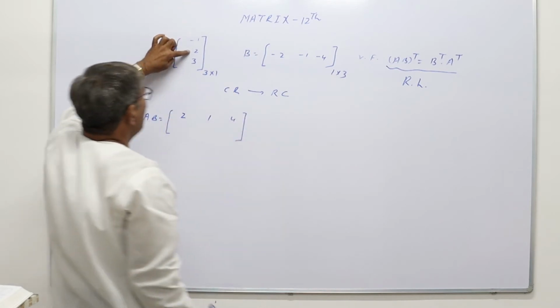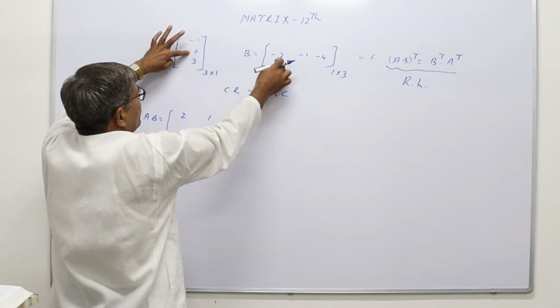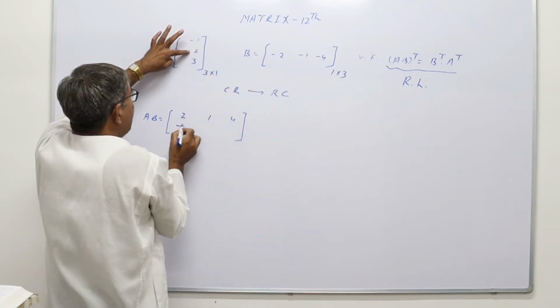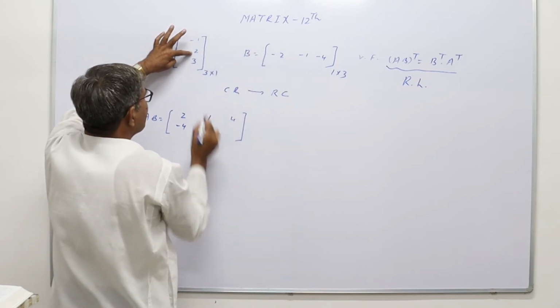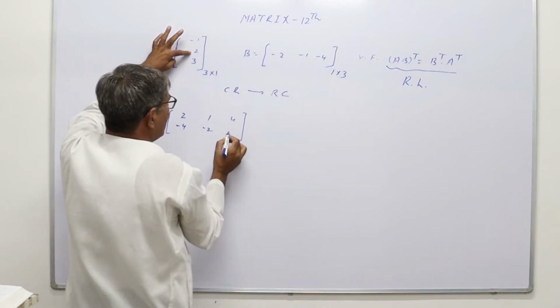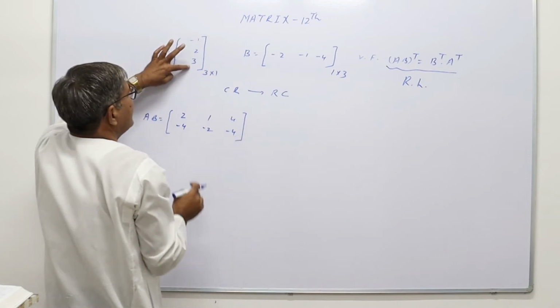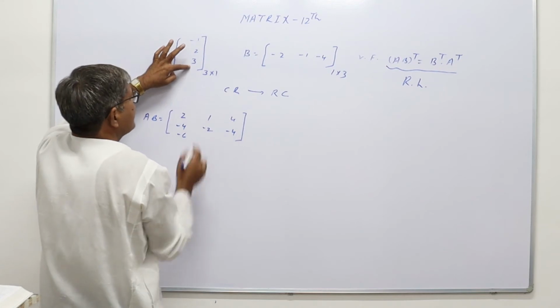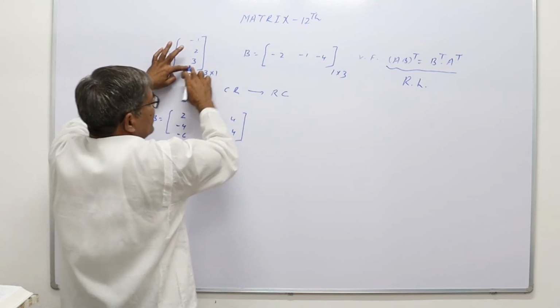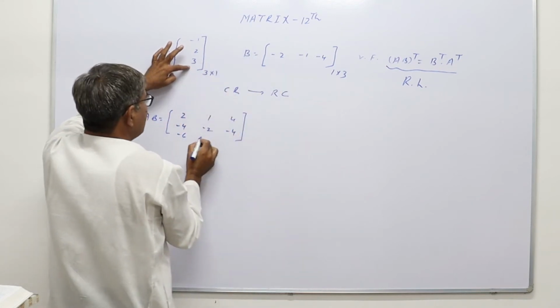Then second row, first column, so 2 into minus 2, that is minus 4. Then 2 into minus 1, that is minus 2. Then 2 into minus 4, that is minus 8. Then third row, first column, so 3 into minus 2, minus 6. Then 3 into minus 1, that is minus 3.